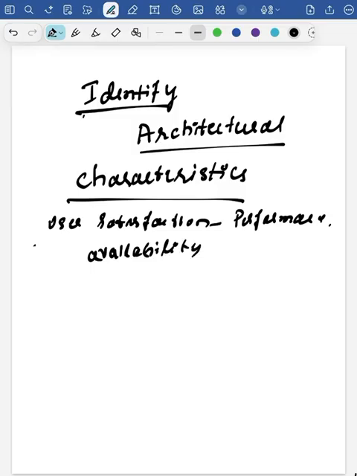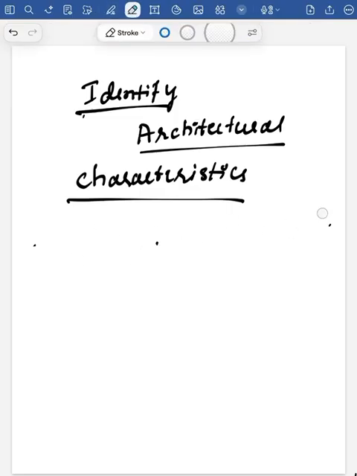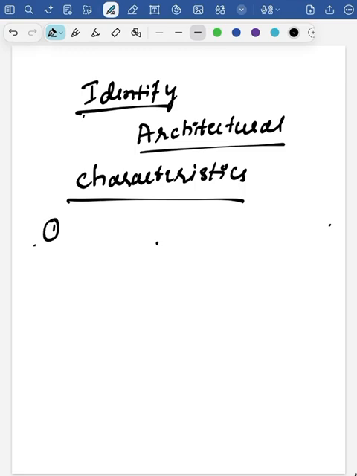If the system is able to serve uninterrupted, then the user will be happy. So now we are mapping the domain concerns into architectural characteristics. This is one way of identifying architectural characteristics, right? From domain concerns.